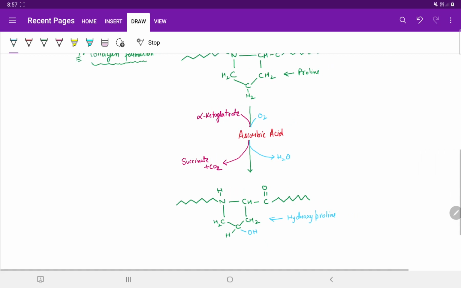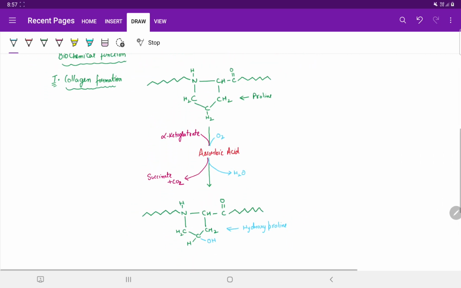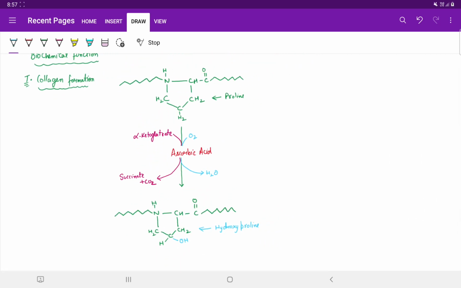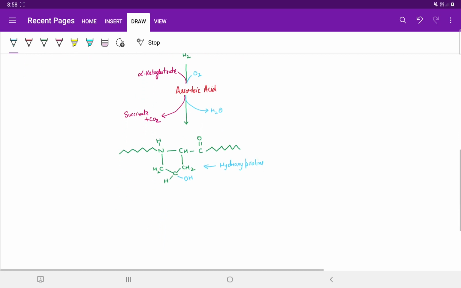So, you can see here that the structure difference is an addition of an OH group. So, this helps in the collagen formation, and this is useful in maintenance of the normal connective tissue and wound healing process.